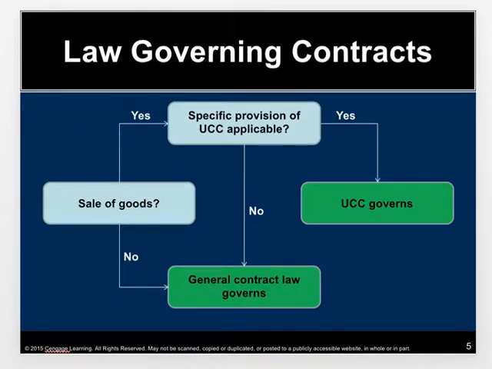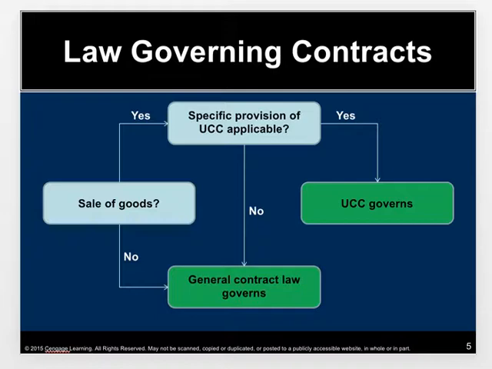So let's talk a little bit about the law governing the contracts. And again, we're getting a little bit here into part of the UCC, which I mentioned, which is the Uniform Commercial Code. So the way this chart is set up, and it's in your book as well, the first question that you ask is, is the specific provision of the UCC applicable?